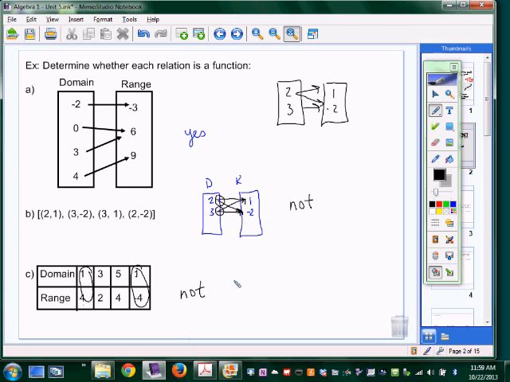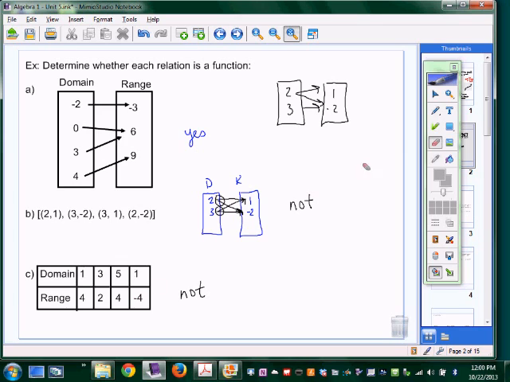Now if this was a +4 and they were the same, then it would be a function because it would just be the same number repeated again. Does that make sense? Let me erase those.